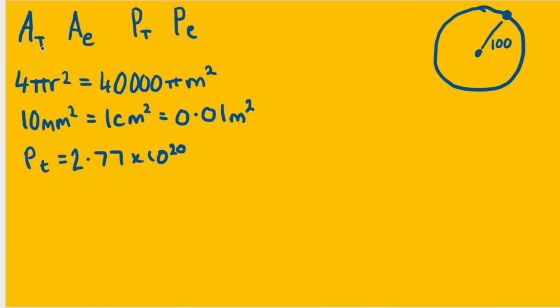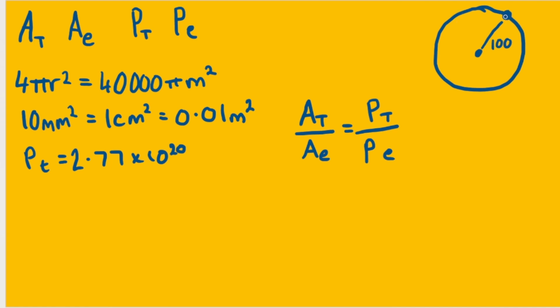So now we want to form the ratio, so we're going to say that the total area divided by the area of the eye is equal to the total amount of photons divided by the photons that hit the eye. Because we can think of the photons spreading out, and as you get further away, the photons become more spread out, so there's less of them per area.